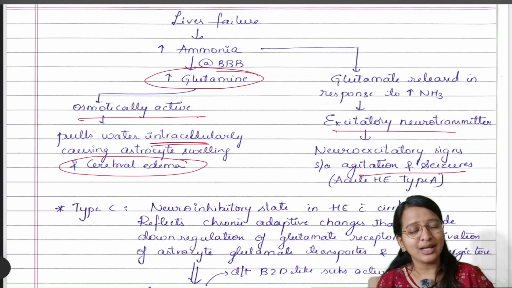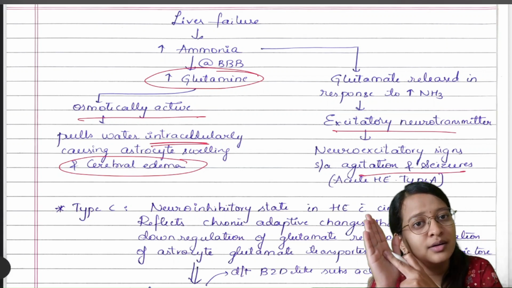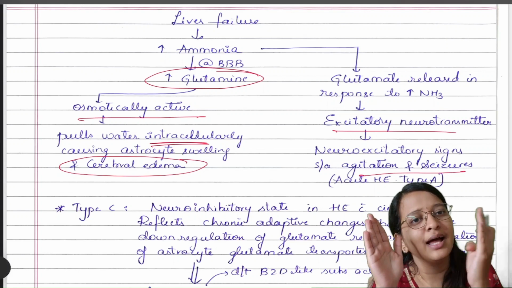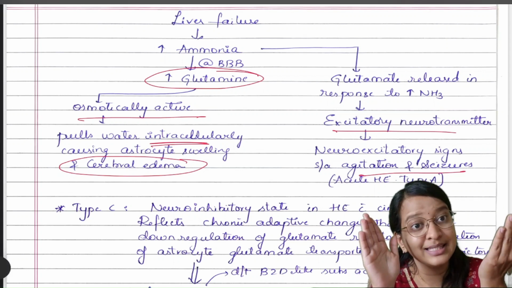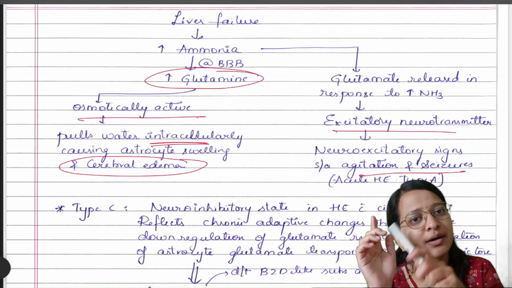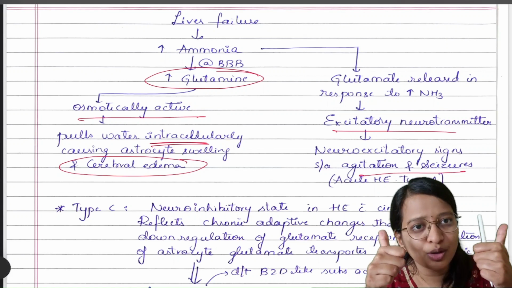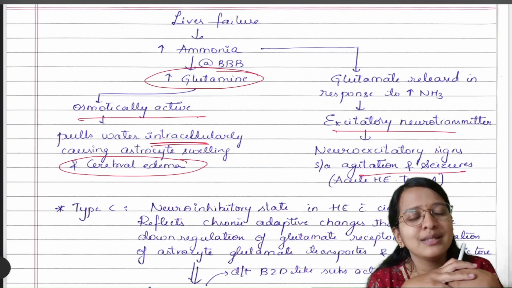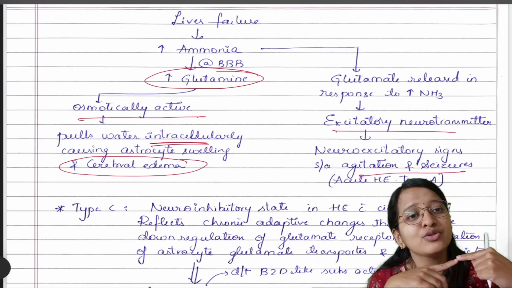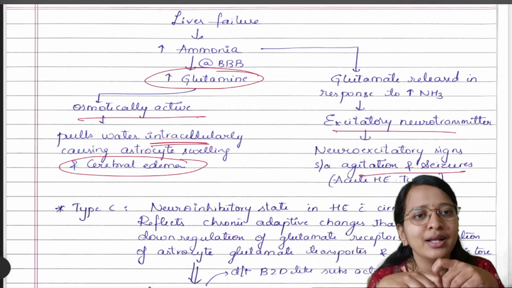Okay. So what happens? There is increased ammonia, and to metabolize this, with the help of glutamine synthetase enzyme, it combines with glutamate. So the final product is glutamine. So both glutamine and glutamate are causing your symptoms. Glutamate because of its neuroexcitatory effect, and glutamine causes cerebral edema.